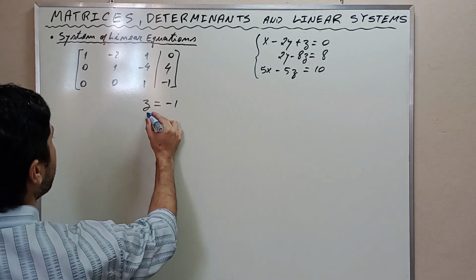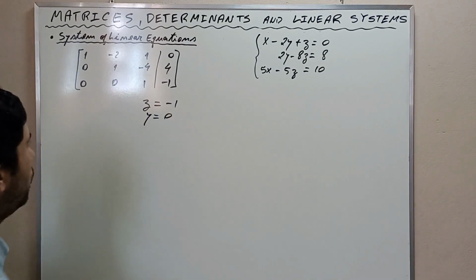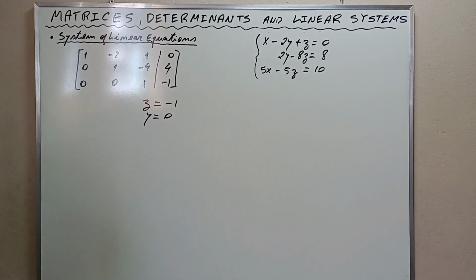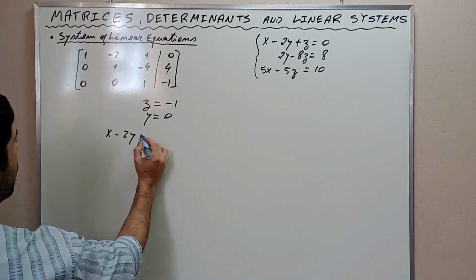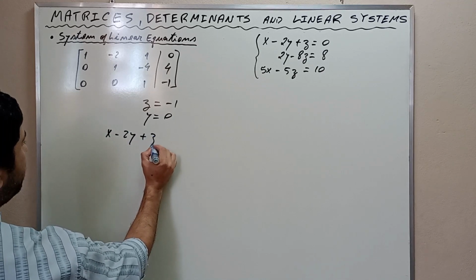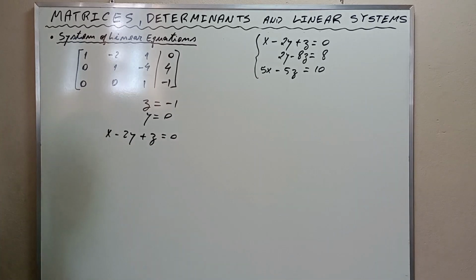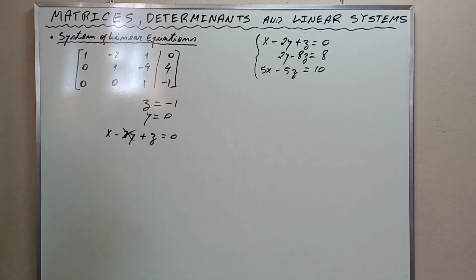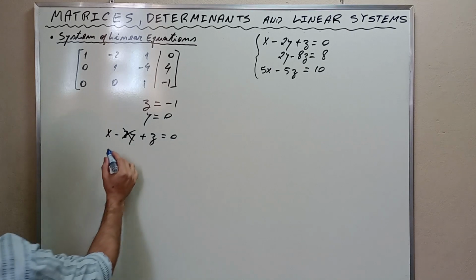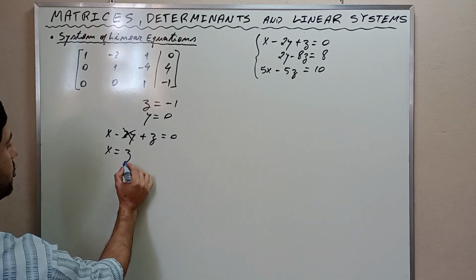Subsequently, we compute the value of x. x minus 2 times y plus z is equal to 0. We already know that y is equal to 0, so we don't have to worry about y. x is equal to z.